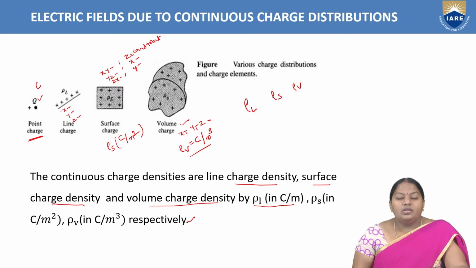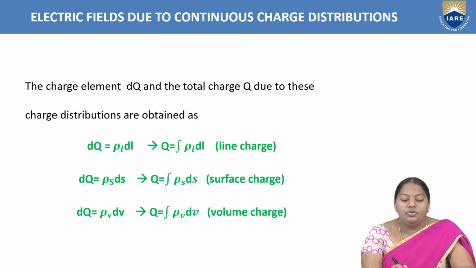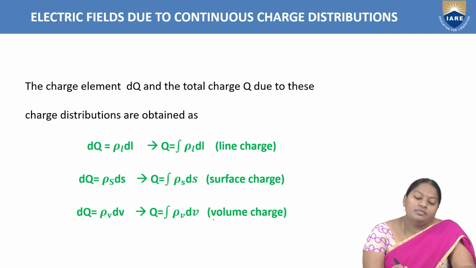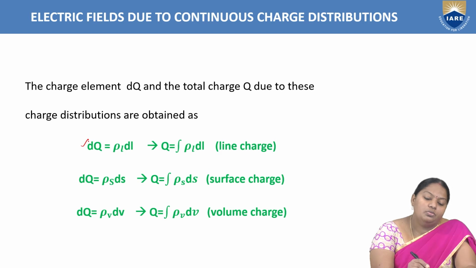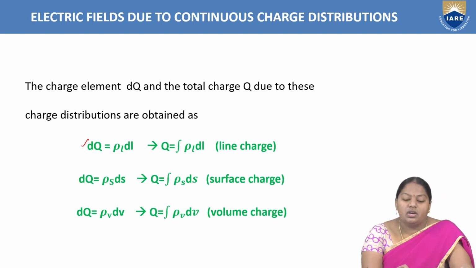Now based upon these three, we will consider the differential elements of charges and the integral elements of charges, along with the electric field intensity equations. Firstly, the charge element dq and the total charge q due to these charge distributions are obtained as follows. Here d is the notation for differentiation and q is for charge.